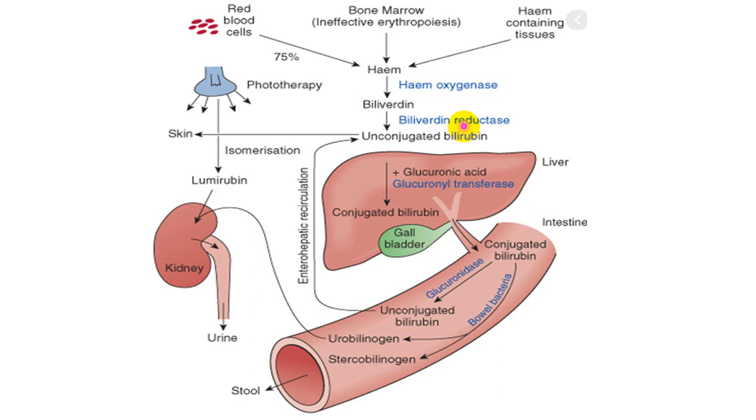Within the liver, there will be cleavage of albumin, and bilirubin, which is unconjugated, will enter the liver cell or hepatocyte. Within the cell of the liver, by the effect of enzyme glucuronyl transferase, the unconjugated bilirubin will convert into conjugated type, which is water soluble.